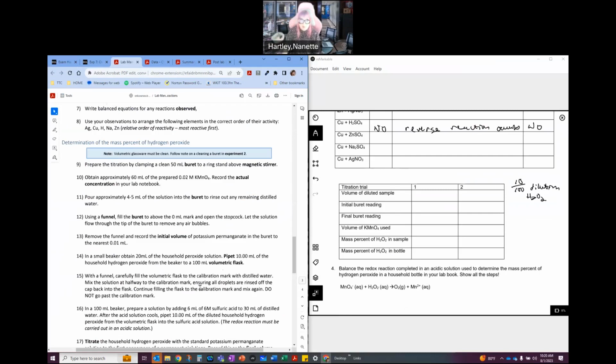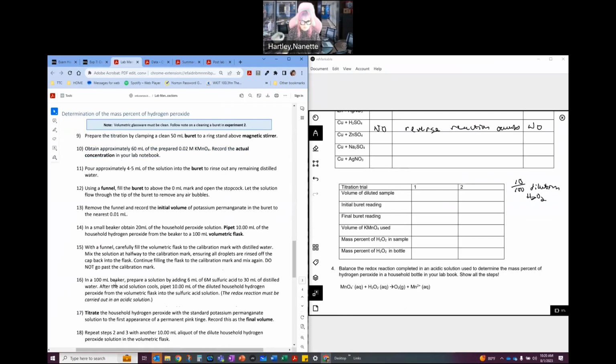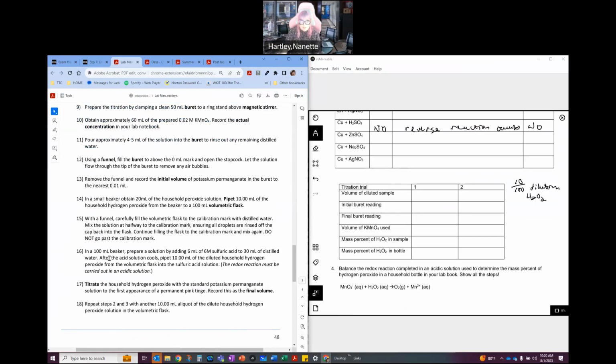And then we make some sulfuric acid. So we need to make the 6 molar sulfuric acid because the reaction needs to occur in acid solution.